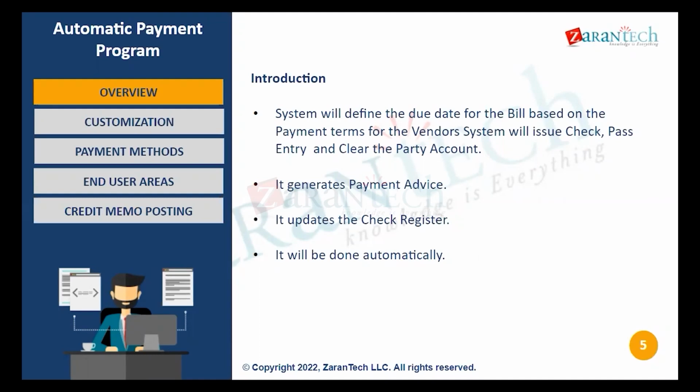It goes vendor level and checks the due date. If 10 are due, it will issue a single check, the entry will pass, and the payment will be made to the vendor's account. The payment advice also will go to the vendor account, and it updates the check register automatically.